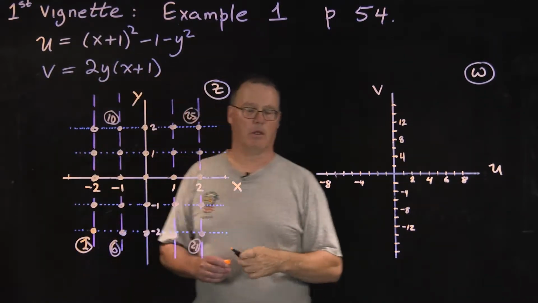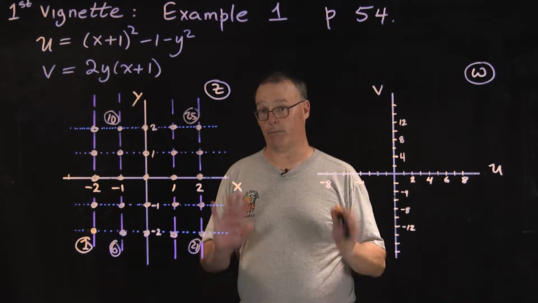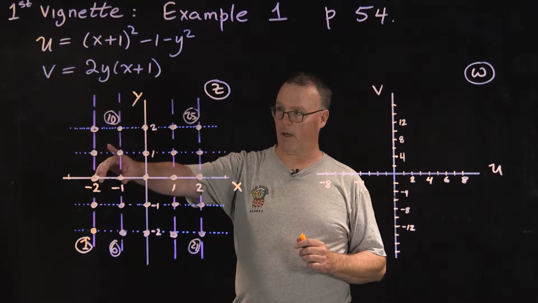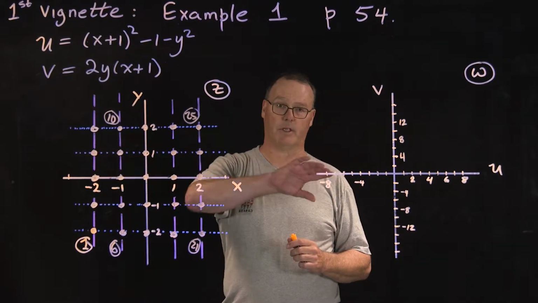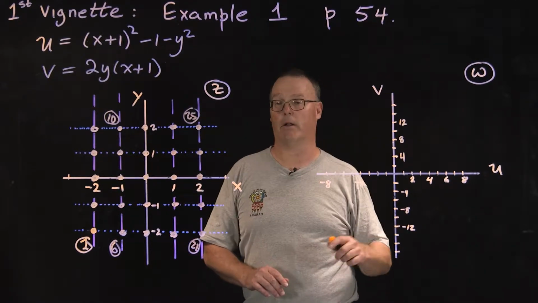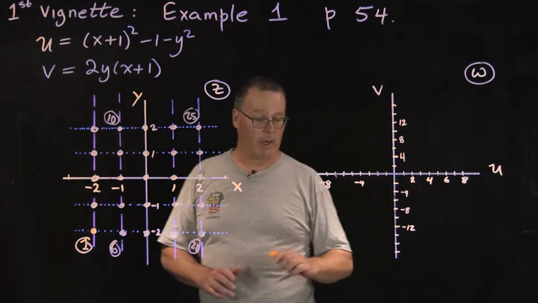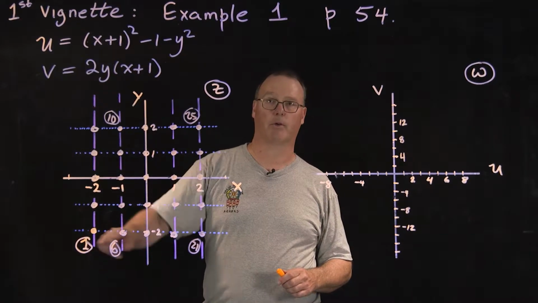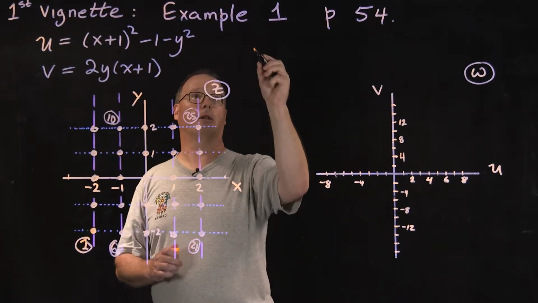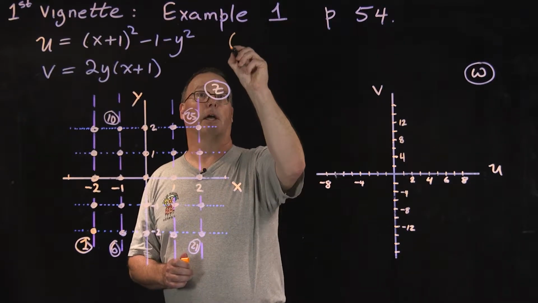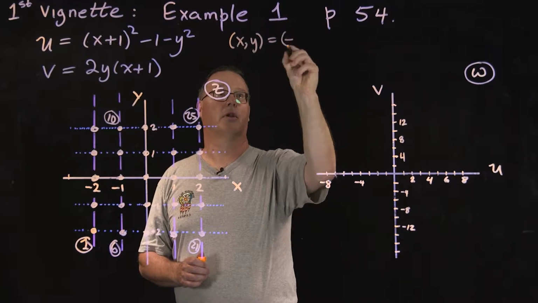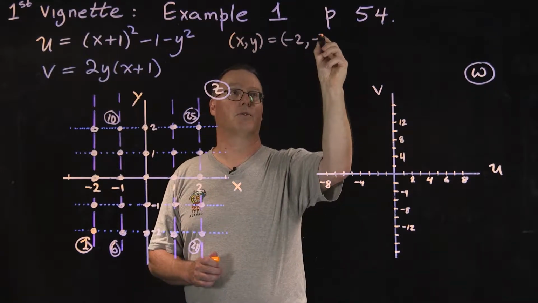With this video, I'll have a table of pre-computed data, so we're not going to go through computation of the image of all of these points. I'm going to give you that data, and I'm going to plot all the data that I already have. But we will do one computation, for grid point number 1. At grid point number 1, x and y are equal to -2, -2.